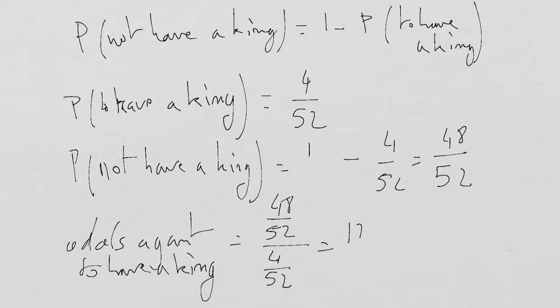And so it's going to be 12 divided by 1. Okay? And now it's pretty easy to define the odds in favor. The odds in favor to have a king is going to be 1 divided by 12.